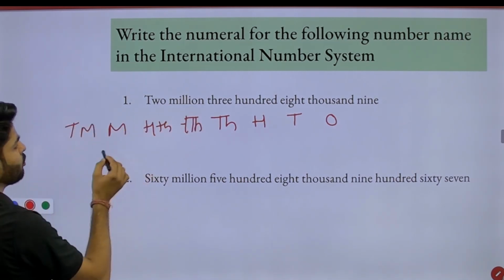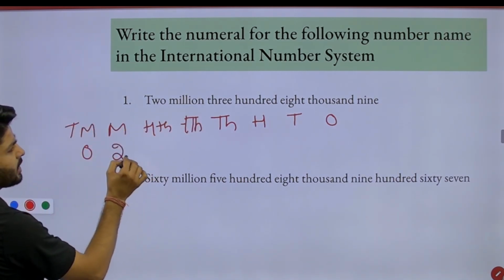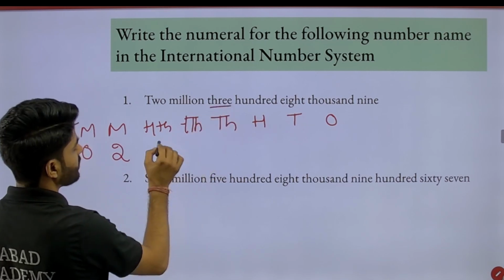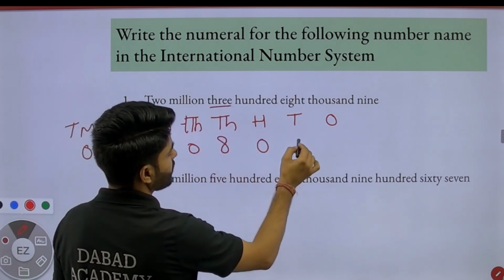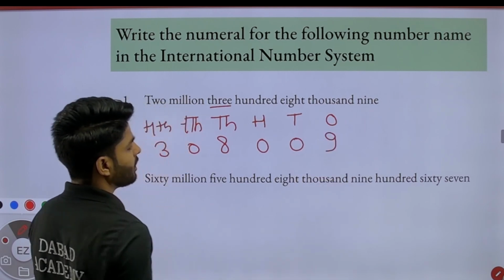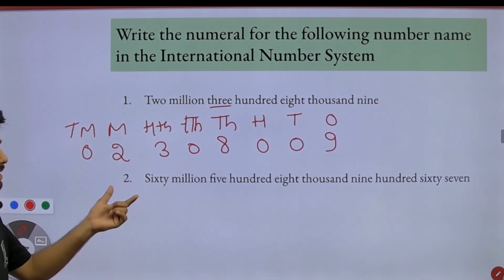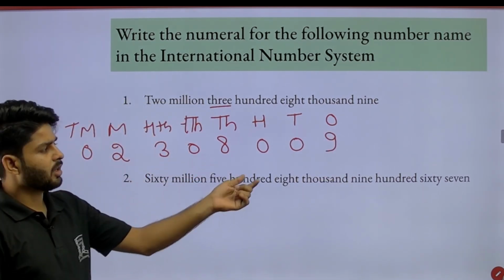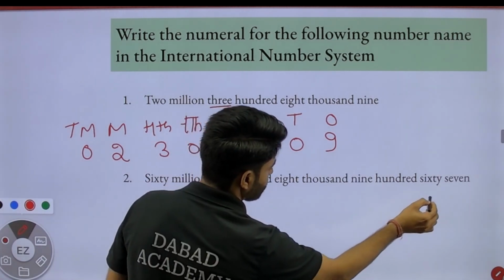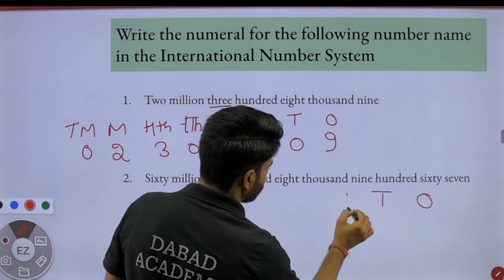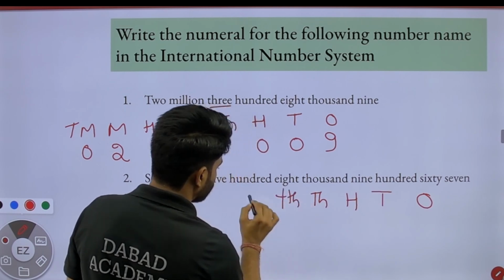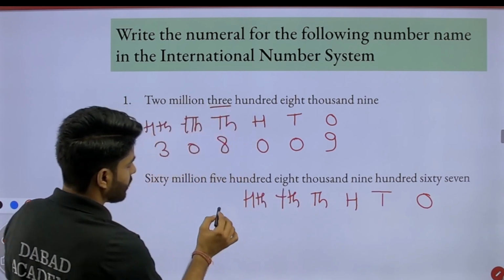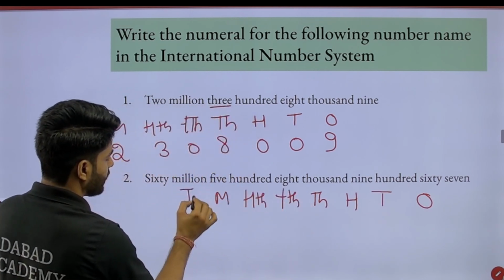So first we have 2 million, so we can write it as 2,308,000. Then we have 9, so we put a 0 and in the ones place 9. This is 2,308,009. This is ones, then tens, then 100, then 1000, then 10,000, then 100,000, then million, then 10 million.